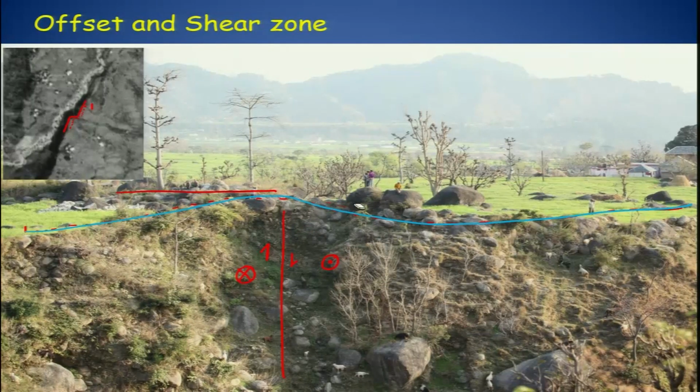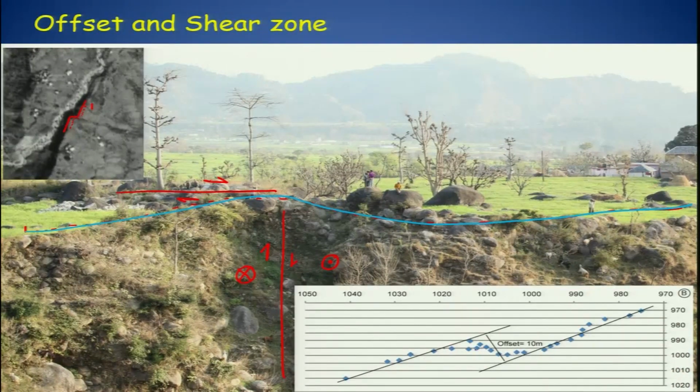So on the surface, we see the strike slip displacement and vertical displacement over here. Okay. So this was the offset which we marked. It's almost 10 meters. Okay. So the offset between this line and this line was 10 meters.